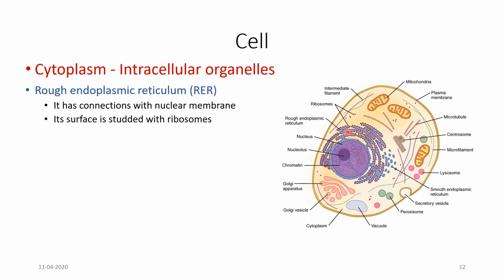The red ones which you are seeing are the ribosomes. The function of the rough endoplasmic reticulum is concerned with protein synthesis, and the amount of rough endoplasmic reticulum is more in cells that are doing protein synthesis.